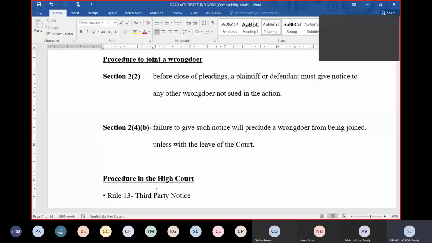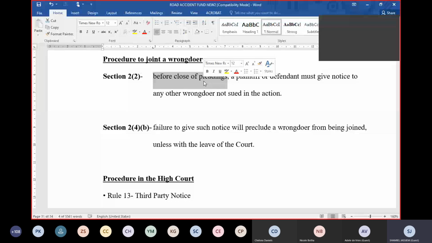So we will send out this notice in terms of Section 2.2 before close of pleadings. We are now in the High Court. We send the notice to the wrongdoer who we would like to bring or join as a party before court.